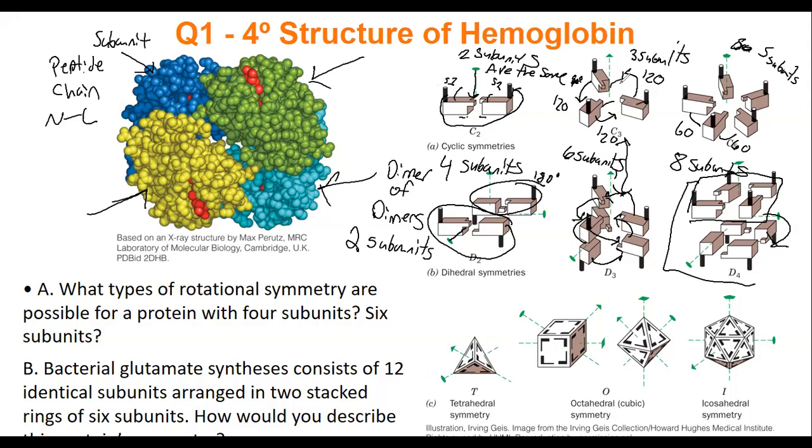C3 has 3 subunits. So if I have 4 subunits, you would just arrange them kind of like that, and they would form a nice whole protein. Or you could be D2, where it's cyclic, cyclic, then above that, cyclic, cyclic. So D2 or C4.